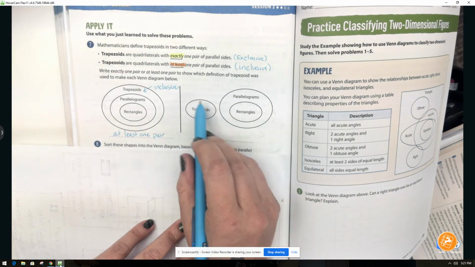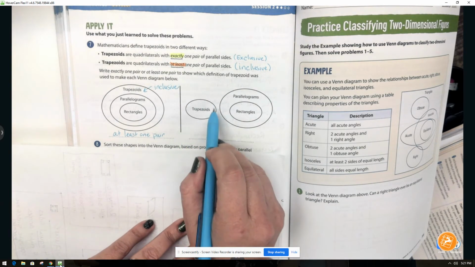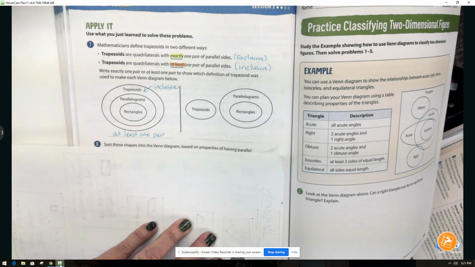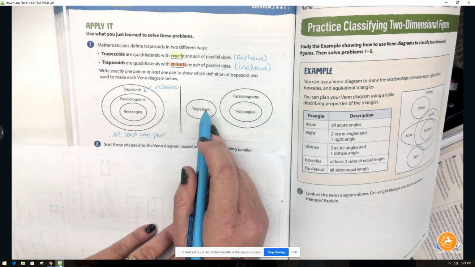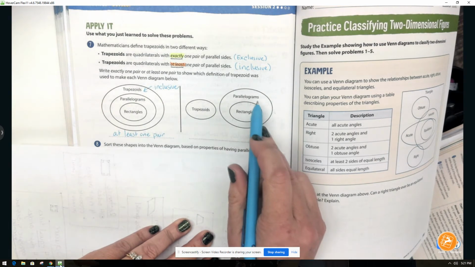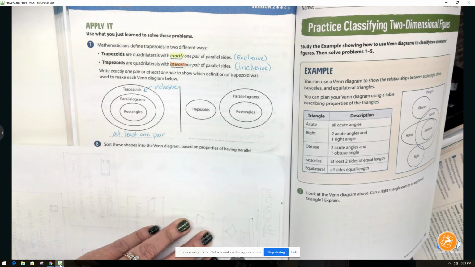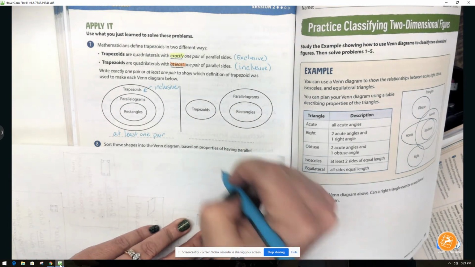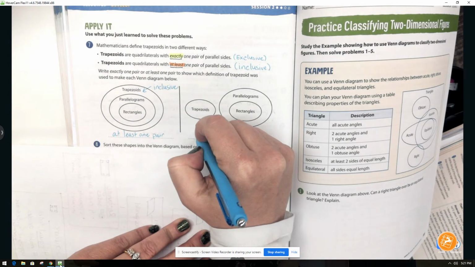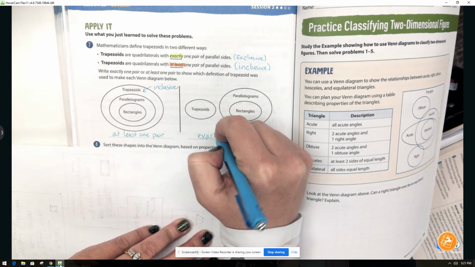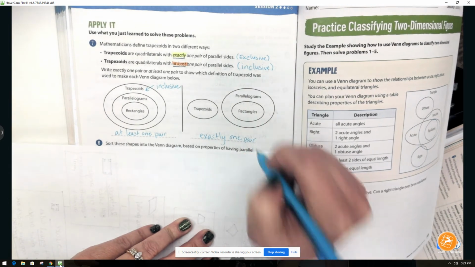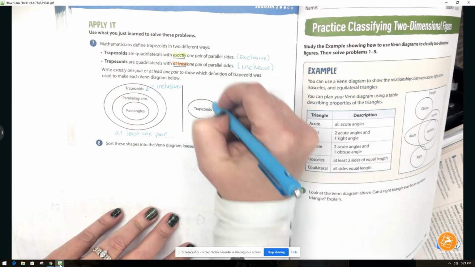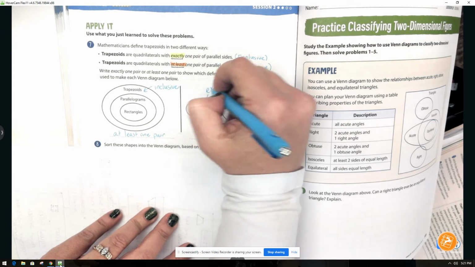So as you can see here, the trapezoids are excluding themselves from the other shapes because they have only one set of parallel sides, and parallelograms and rectangles have two sets of parallel sides. So here you have to have exactly one pair of parallel sides. This would be the exclusive trapezoid.